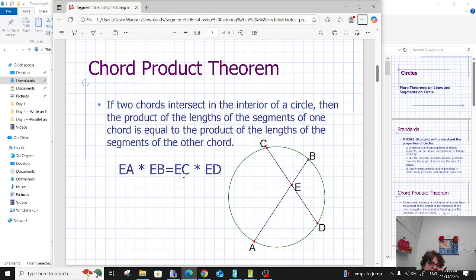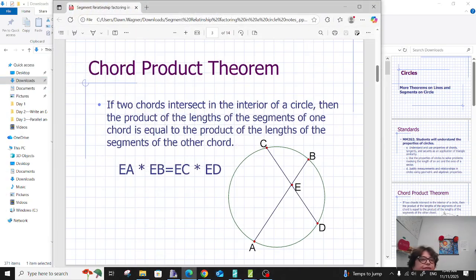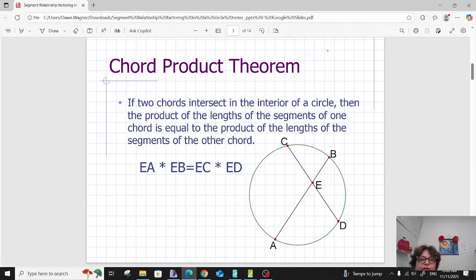So turns out that in a circle, if I have two chords where they intersect, if I multiply the pieces of one together, they should equal the other two little pieces multiplied together. Let me show you. Let me make this bigger.